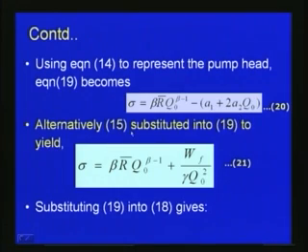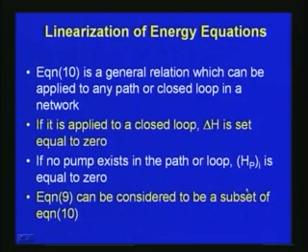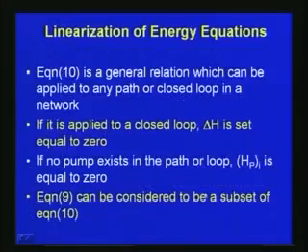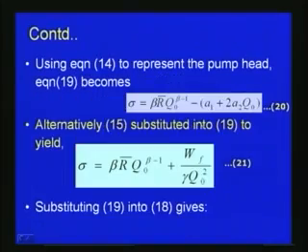And alternatively, the relationship in equation 15, which is with respect to the actual power used, we can transform into sigma is equal to beta r bar q 0 to the power beta minus 1 plus w f by gamma q 0 square, as in equation number 21.